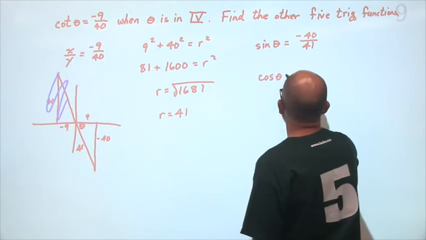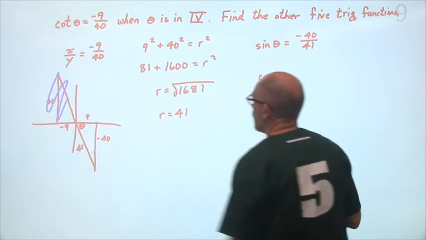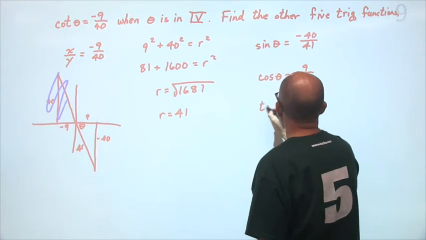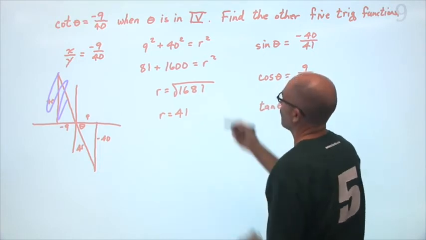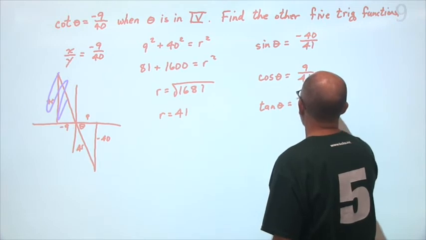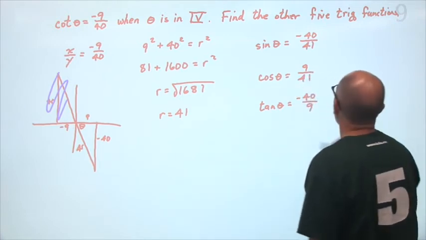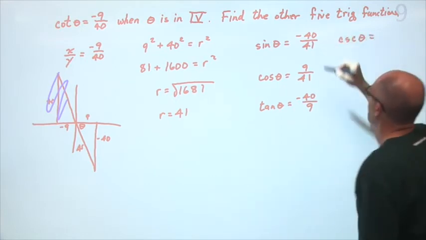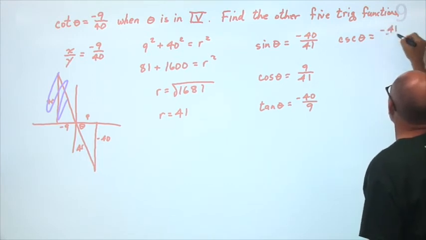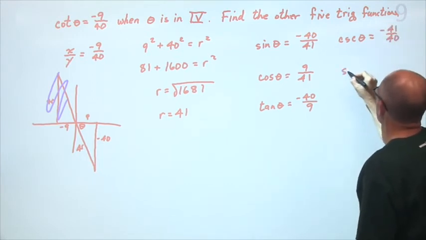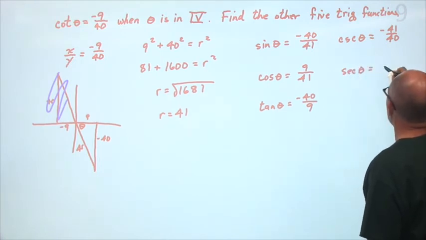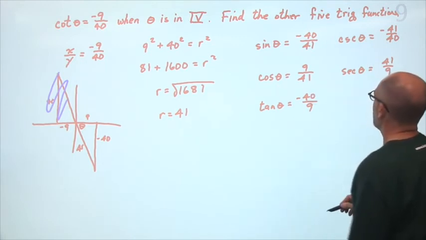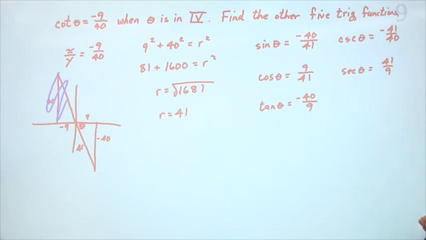Cosine theta is adjacent over hypotenuse, which is 9 over 41. Tangent theta is naturally the reciprocal of cotangent, so that's negative 40 over 9. And then cosecant theta is the reciprocal of sine, so that's negative 41 over 40. Secant theta is the reciprocal of cosine, so that's going to be 41 over 9. And we were given cotangent theta is negative 9 over 40.